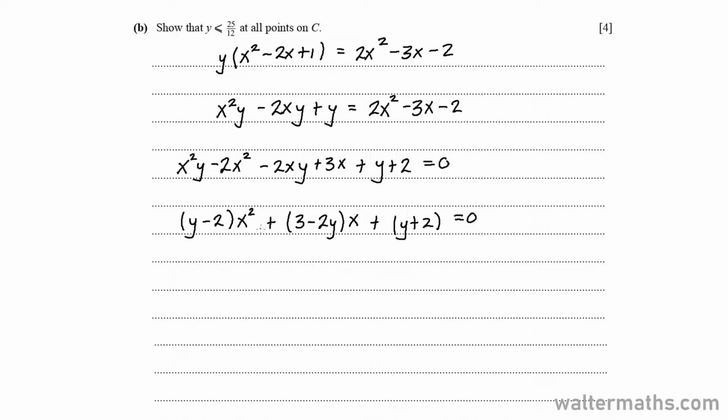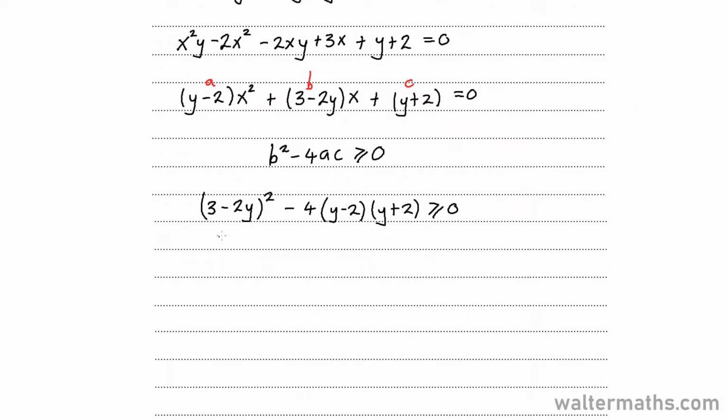Now, if you look at what we have, we now have a quadratic equation in x. And since we're talking about points on the curve C, then we know that the discriminant b squared minus 4ac should be greater than or equal to 0. Now this is A, this is B, this is C. So for the discriminant, it'll be b squared, which is 3 minus 2y all squared, and that's minus 4 of y minus 2 of y plus 2, and that is greater than or equal to 0.